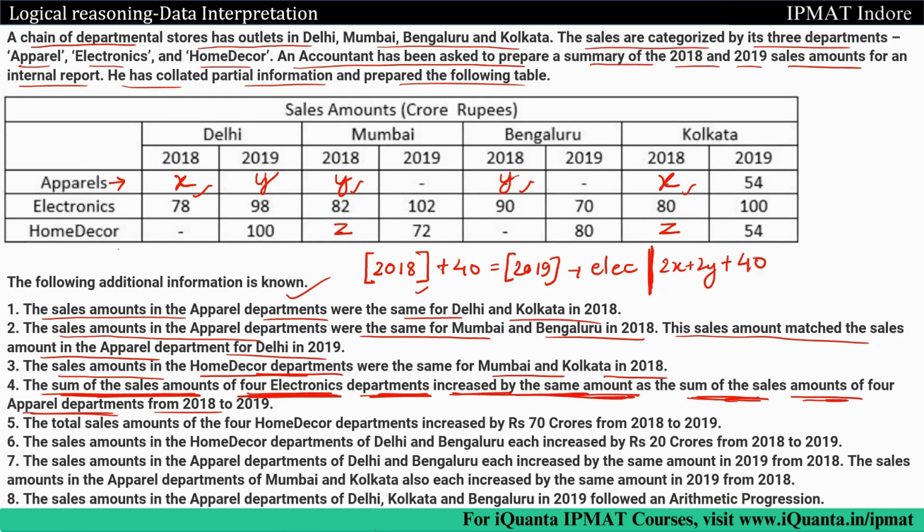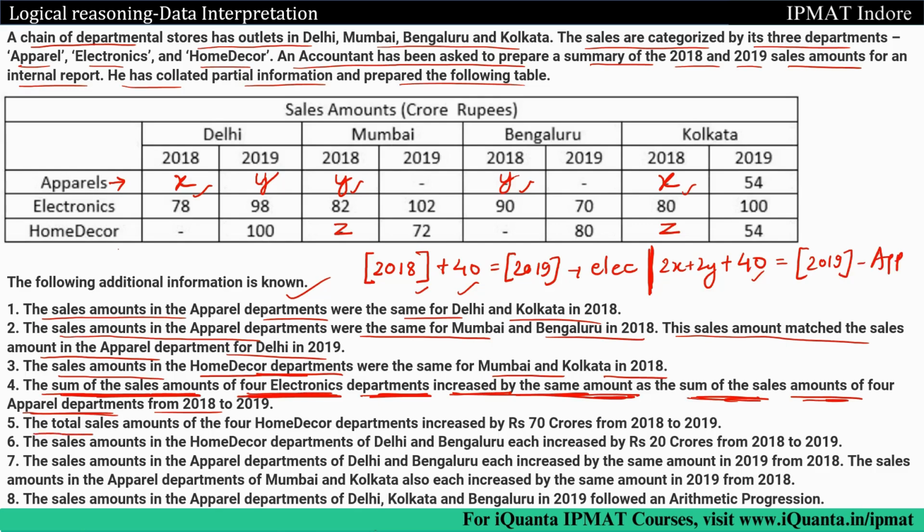That means it will also increase by 40, because there was a net increase of 40 in the electronics department, so a net increase of 40 in apparel as well. This should be equal to the sales of 2019. Since we have a few missing fields for apparel in 2019, I'll just denote it as 2019, and this is for the apparel department. I hope this much is understood.